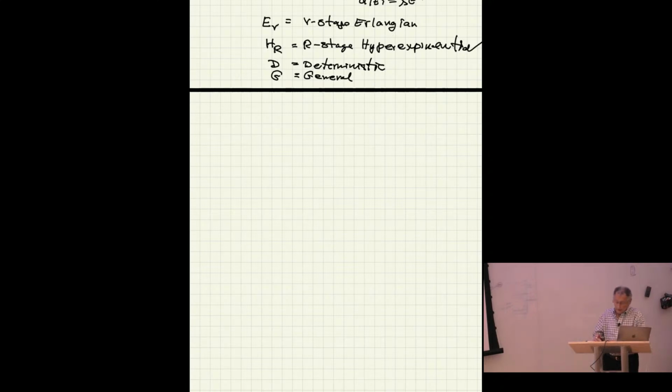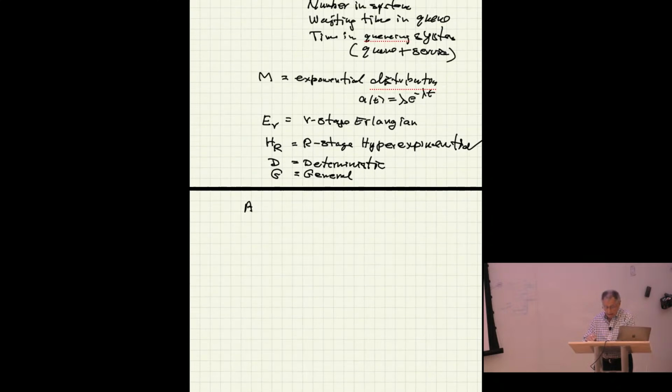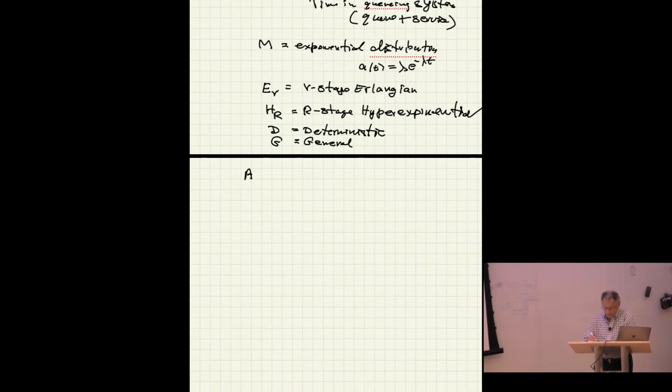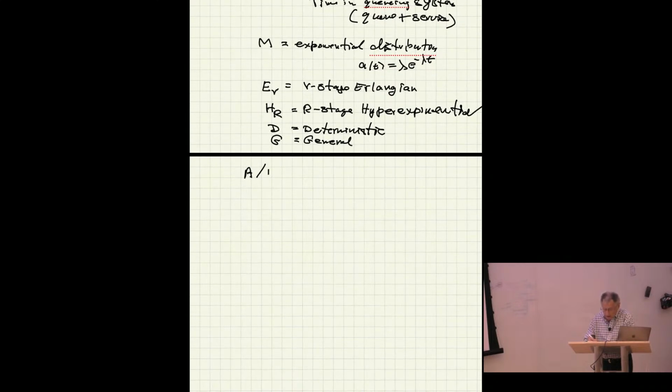Okay. Now, in order to use notation using these variables, there was a particular shorthand notation, and it's the following. You write down the symbol A to describe the interarrival time density. It'll be perhaps one of these I've just shown you here. Slash, for B, you describe the service time.